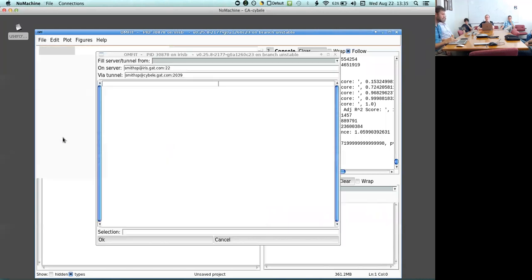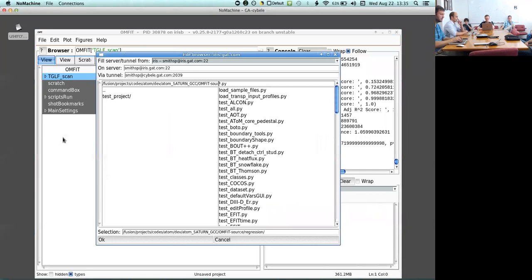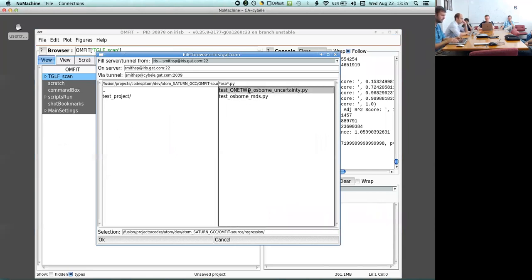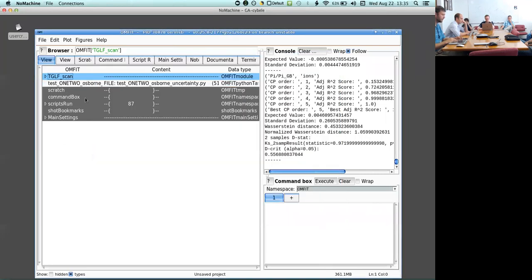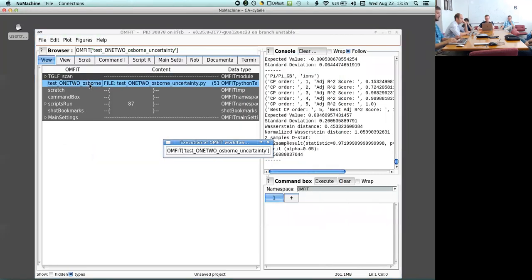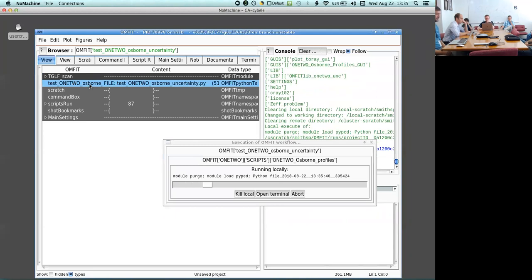So let me load a regression script here. I'm just going to start it running because it technically takes a while.